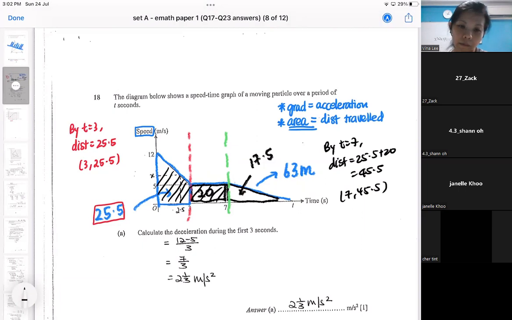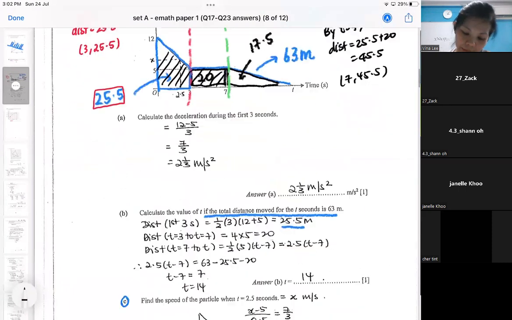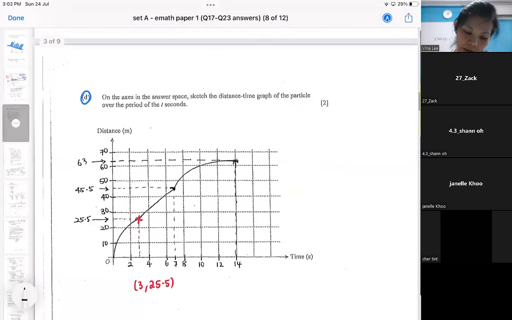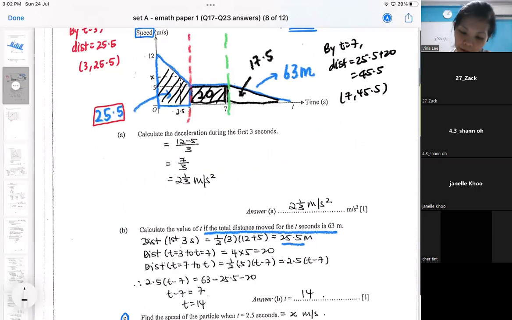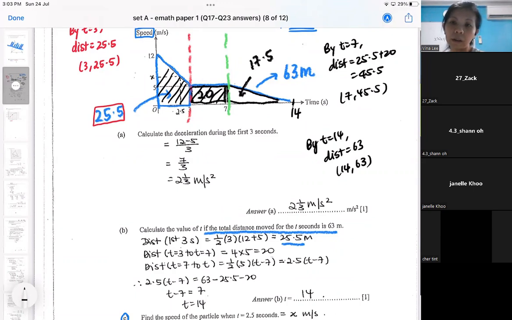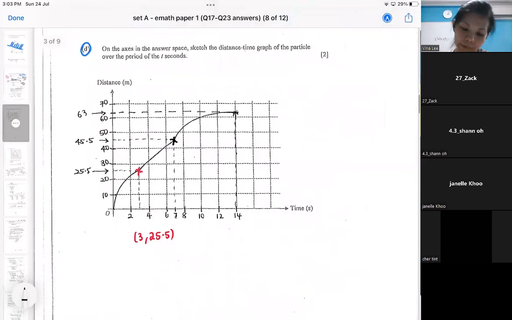That's how I get my second coordinate. And then by 14 seconds, I already traveled a distance of 63. So I got another coordinate here.